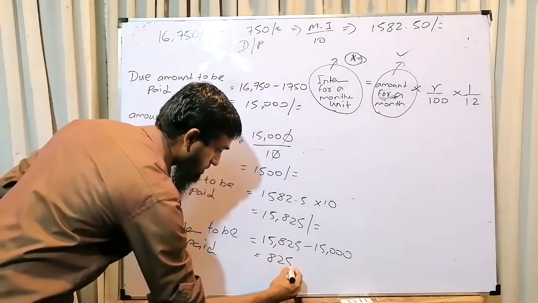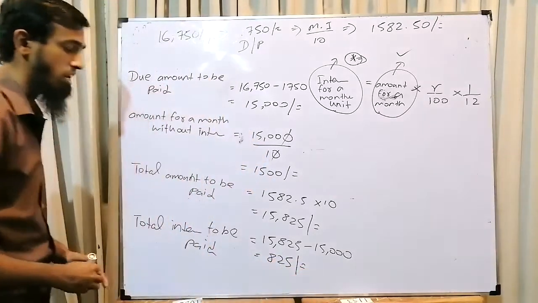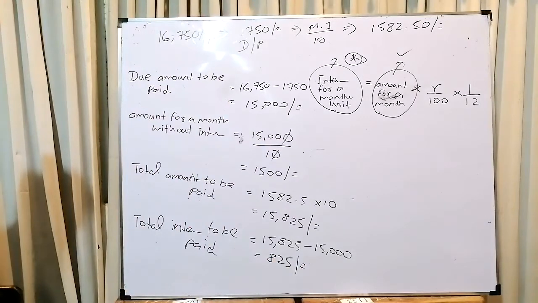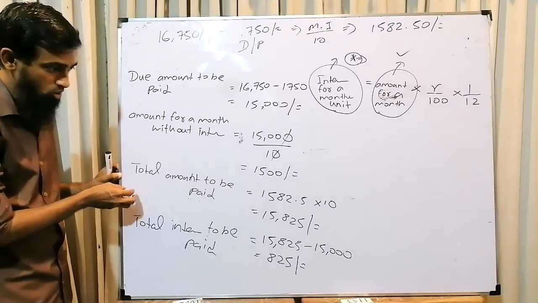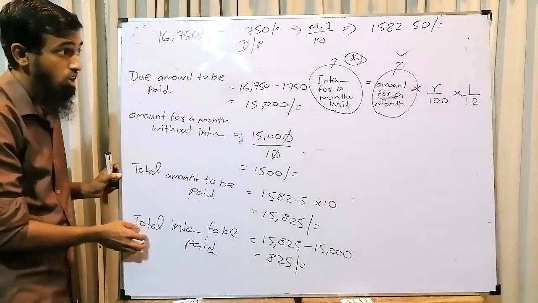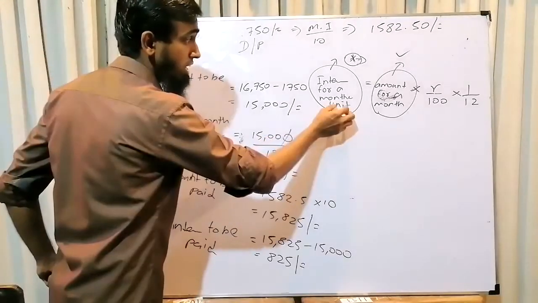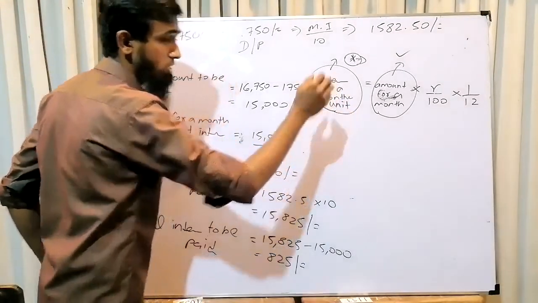So total interest to be paid is 825 rupees. So why are we calculating this? To find the interest for a month unit.